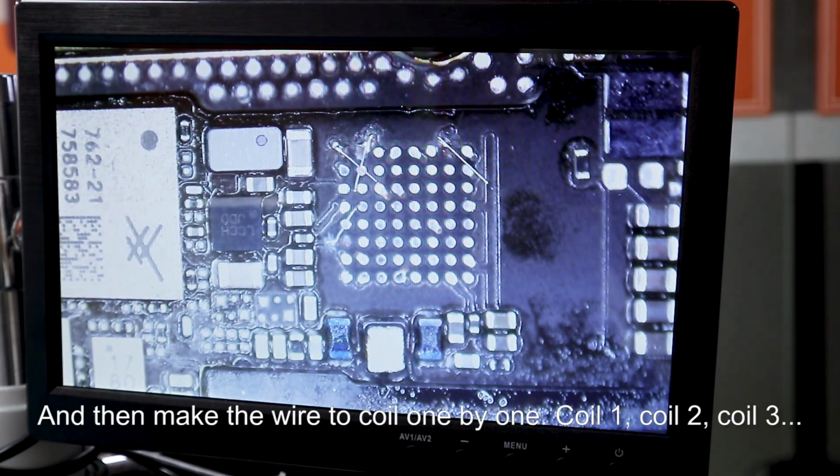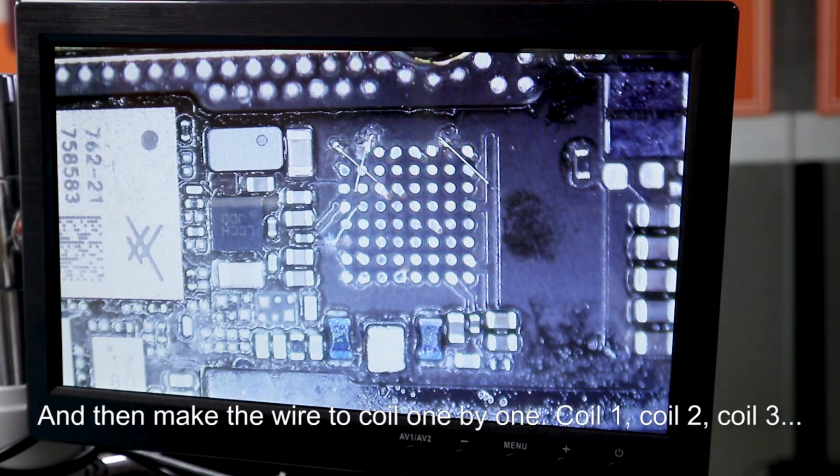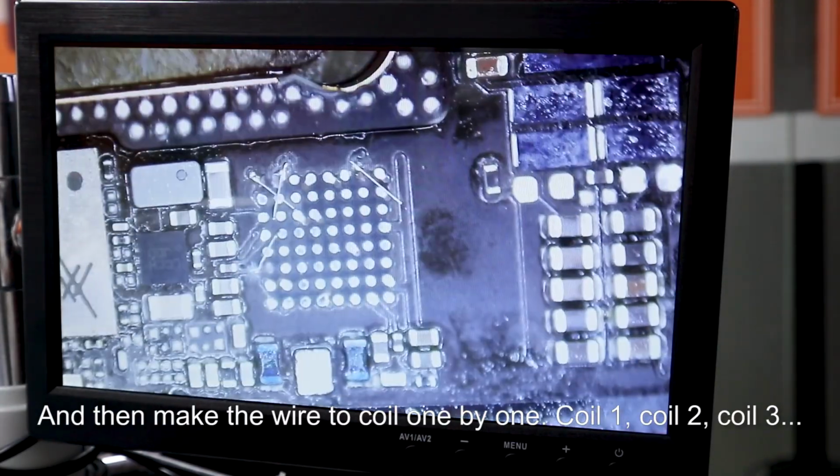And then make the wire to coil one by one. Coil 1, coil 2, coil 3.